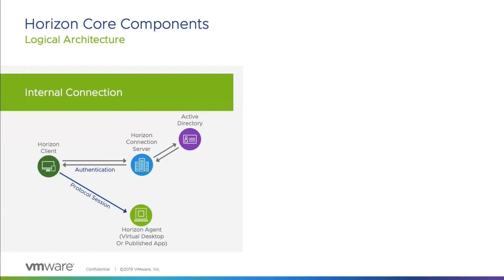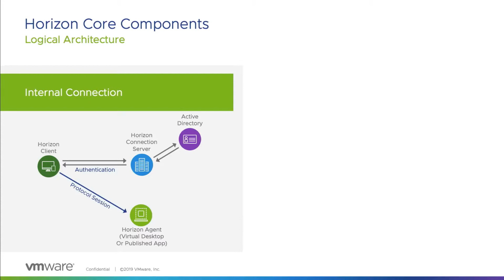So that's how it happens. This is a very simple process, and this whole step is called brokering. And everything is stored in Active Directory. Your entitlements, your user accounts, even your connection server database is on LDS, Lightweight Directory Services, which is a Windows role that connects very closely to the Active Directory, right?